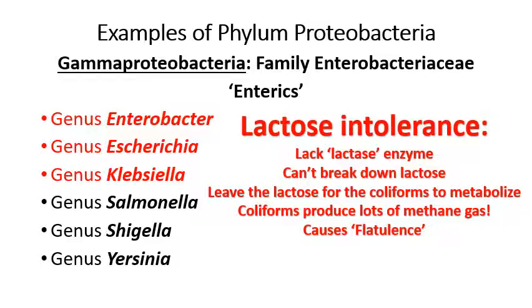Flatulence, that's what that word means, gassy. If they're lactose intolerant, they become very gassy. The lactose is eaten by bacteria, some of which generate a lot of gas. So that's the origin of why people who are lactose intolerant sometimes get gas when they eat dairy products.